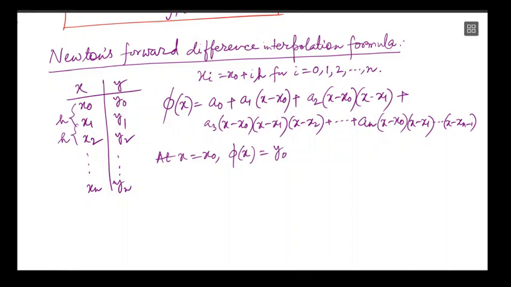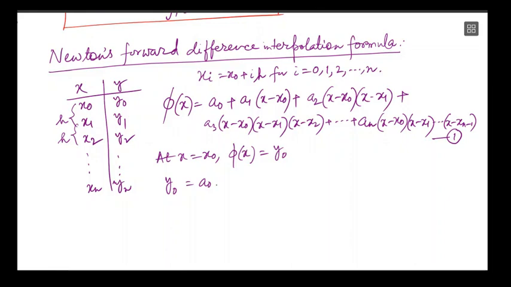If we take the definition of the polynomial as we have constructed it as equation 1, then at x equal to x0, phi(x) equal to y0 gives y0 equals a0, and all other terms will become 0 as x minus x0 is a factor in every other term.